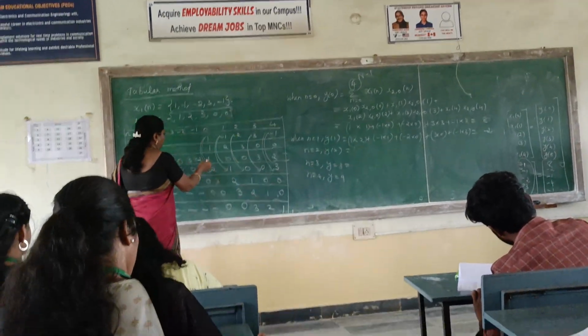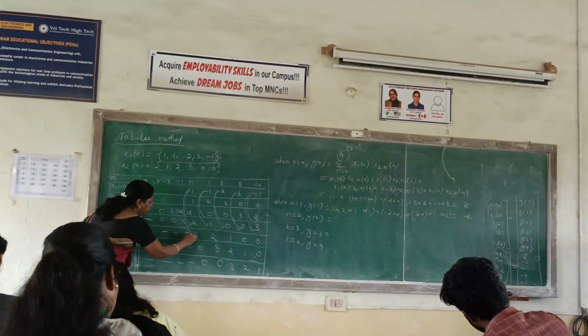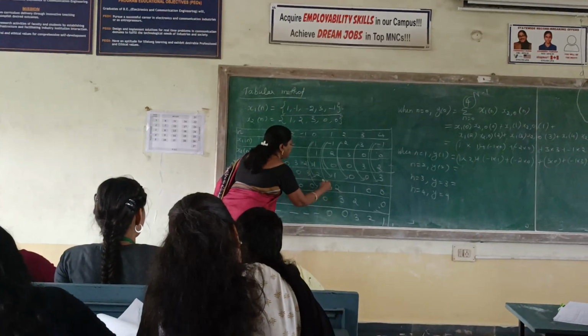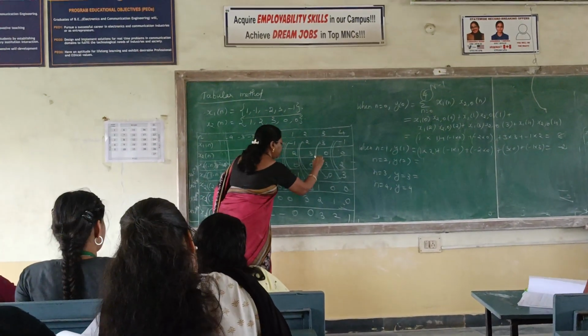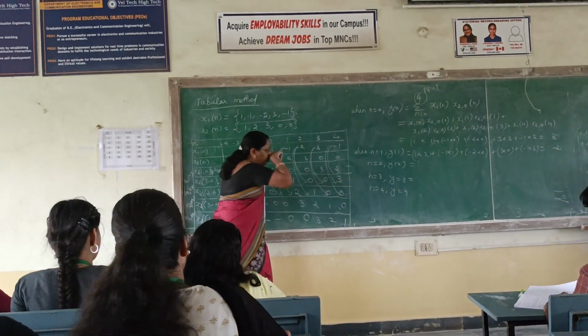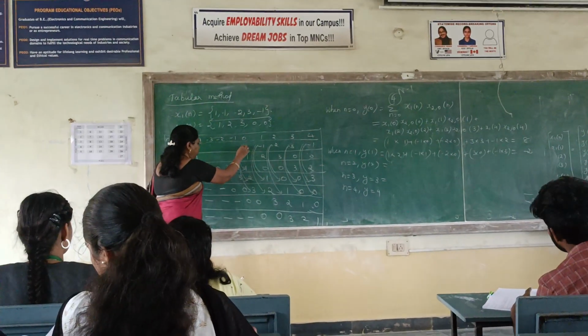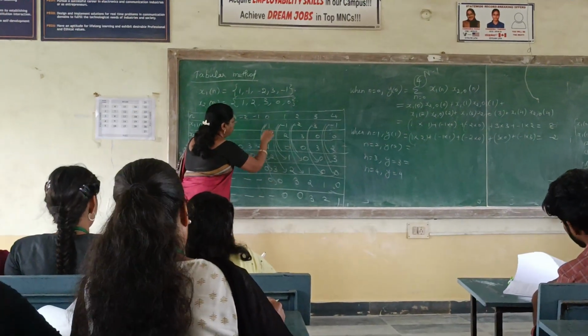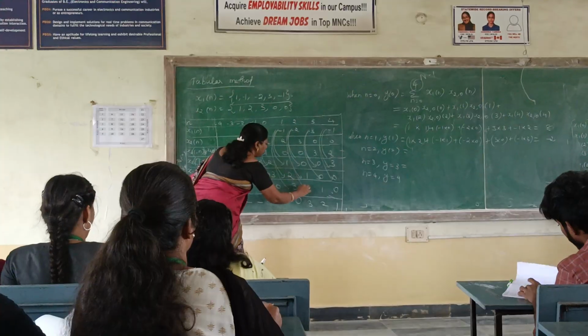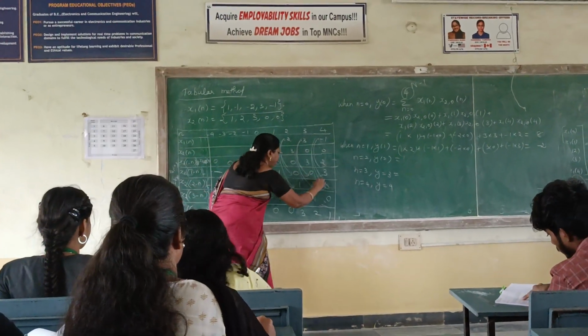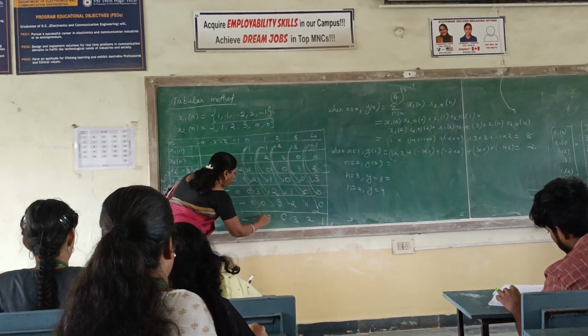And what about the next one? You have to multiply this one with this, this one with this, this one with this, this one with this. This is how you have to multiply.